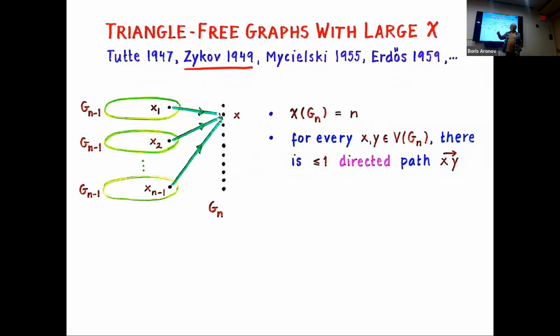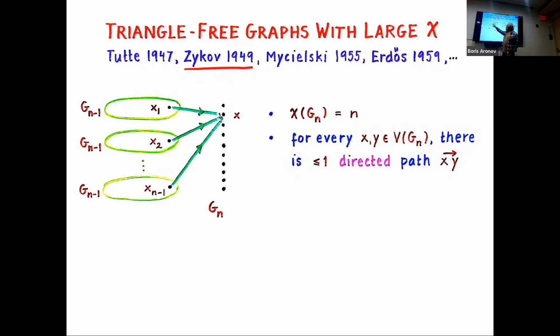This is Zykov's construction from 1949. So we define by recursion, or induction if you wish, a series of graphs, Gn, so that their chromatic number is n, and they contain no triangle.